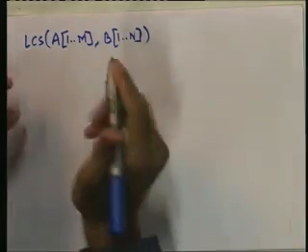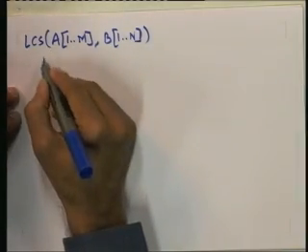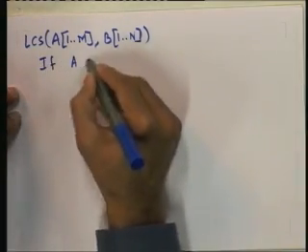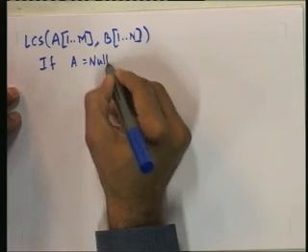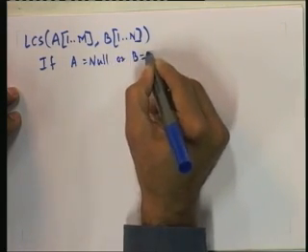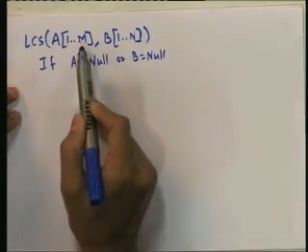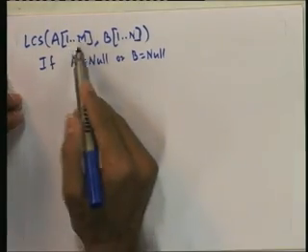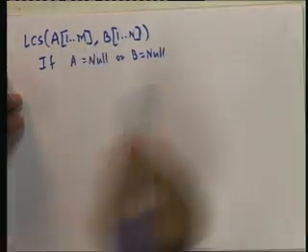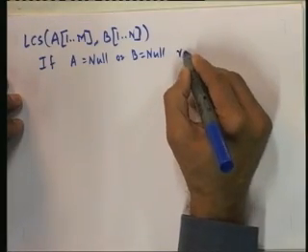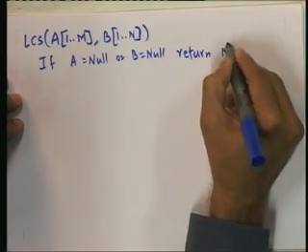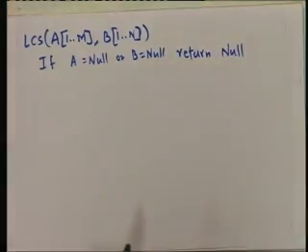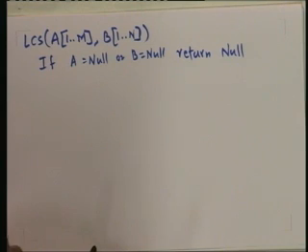So if A equal to null or B equal to null, that is as good as saying these are strings of 0 length, so the first index is bigger than the second index, return null. Clearly the longest common sequence of 2 null sequences, or 1 null and something else, is a null sequence.